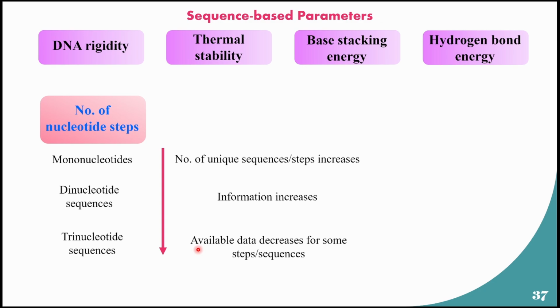But if you go forward from trinucleotide and try to calculate the parameter using tetranucleotide and even pentanucleotide sequences, then for all of the pentanucleotide sequences that are possible, you need to have the parameter values already calculated or computed beforehand. That is how you will add all of them up, do the average calculation, and get the value for your entire stretch of sequence, right?